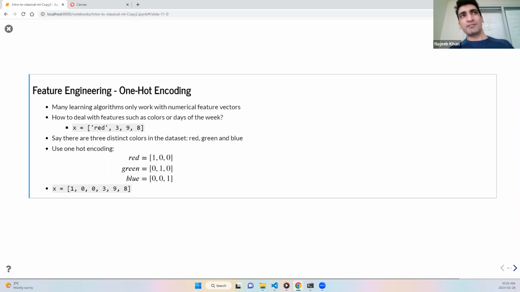We don't want to give the model the impression that there is some relationship between them. But if there are days of the week, then it makes sense to put in 1, 2, 3, 4, 5, because Monday is closer to Tuesday and further from Wednesday. So it makes sense to have Monday equal to 1 and Wednesday equal to 3.